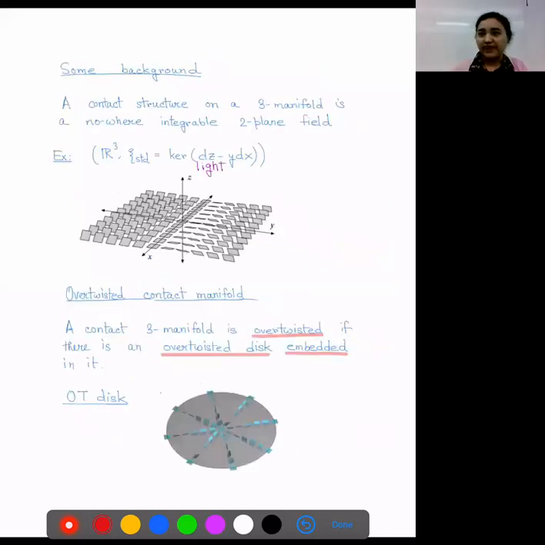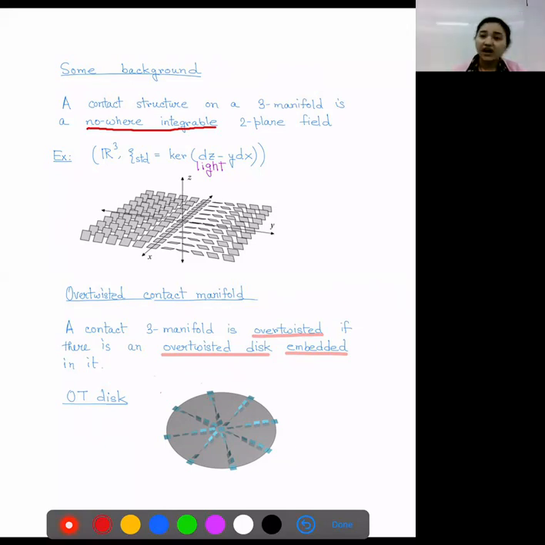So let us talk about some background now. A contact structure on a three-manifold is a nowhere integrable two-plane field. Now, what does this condition, nowhere integrable, mean? It means that we can never find a surface in the manifold where the contact planes are tangent everywhere. Basically, this tells us that contact planes are twisting. Here is an example.